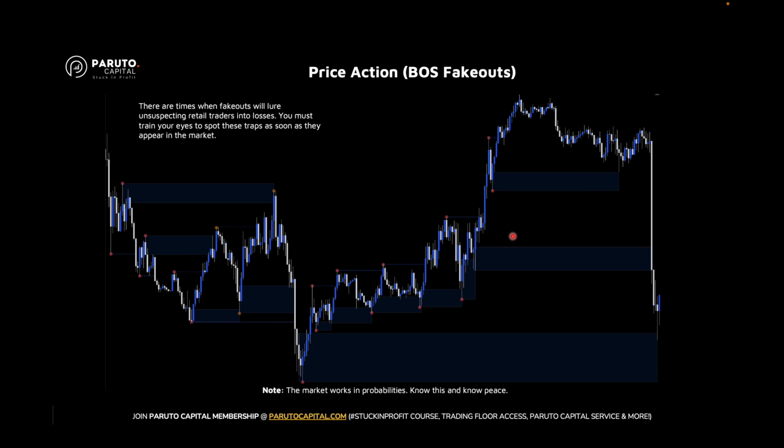So you must be able to utilize the market structure to spot fakeouts, and to really ensure that every trade that you take is informed by robust technical analysis and price action, right?